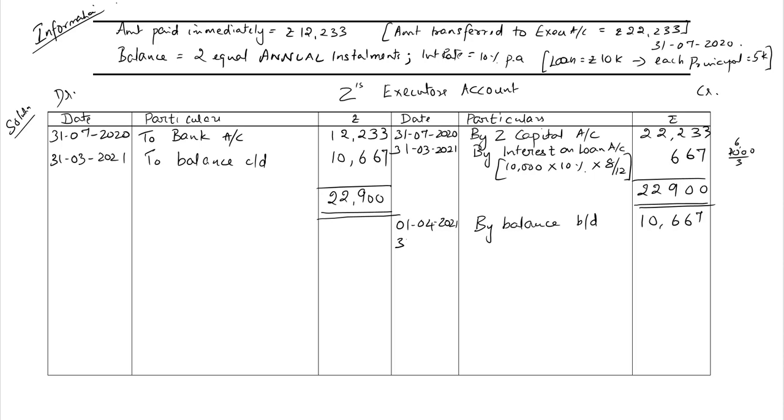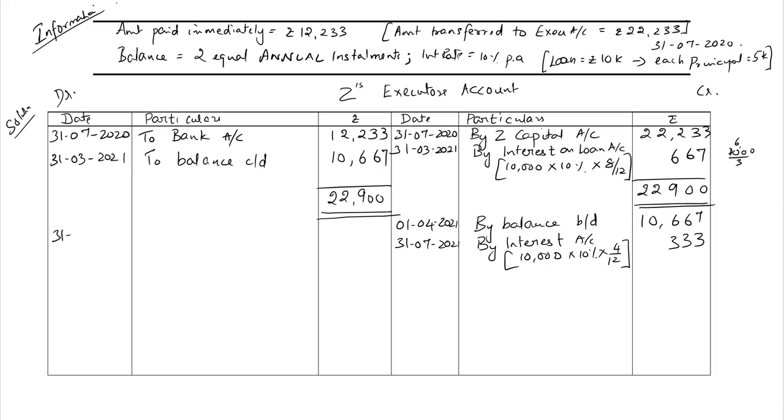We need to pay the first installment on 31st July 2021. So we'll accrue interest on 10,000 rupees at 10% for the balance 4 months. So it's 333 rupees.